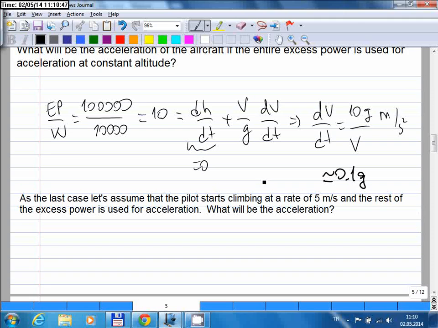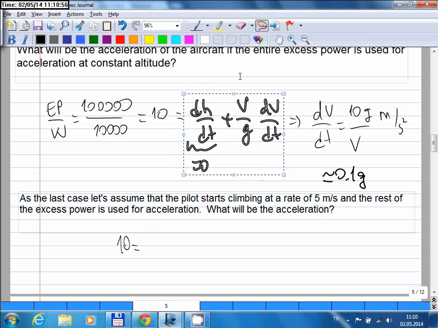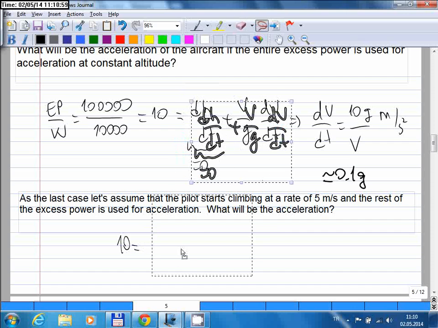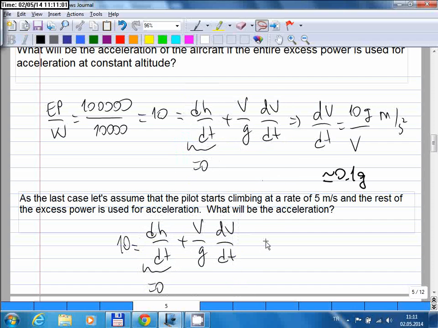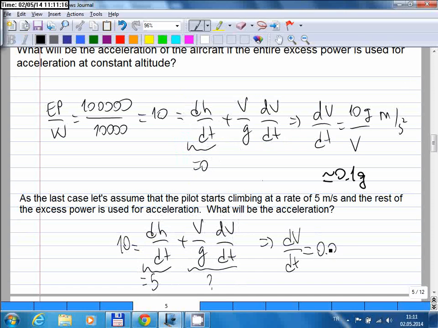The specific excess power is still the same, 10. So this part now is equal to 5, and we are asked to find this. We can easily conclude that the acceleration in that case is going to be 0.05 g. So this is exactly equal to, right? I don't know why I said approximately equal to.